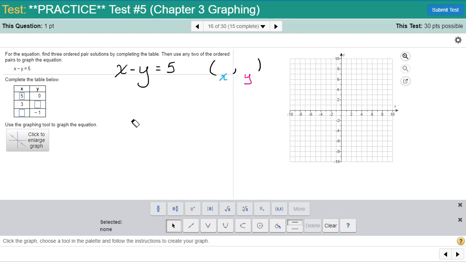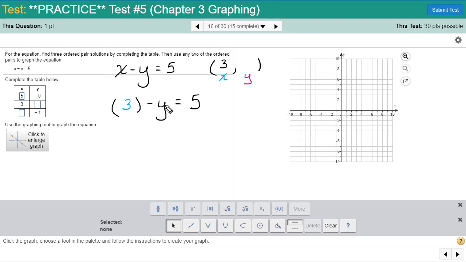So our second row, again, we have been given, in this case, an x value for the x coordinate of 3, no y value, so it's going to be our job to find that missing y using the given equation. So x minus y, but in this case, x has been given to us as positive 3 minus y is equal to 5.